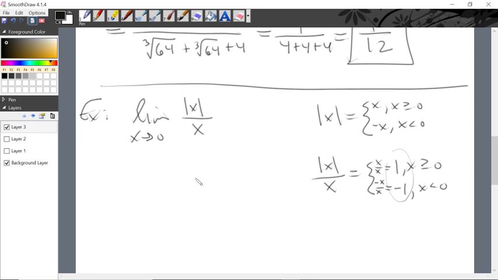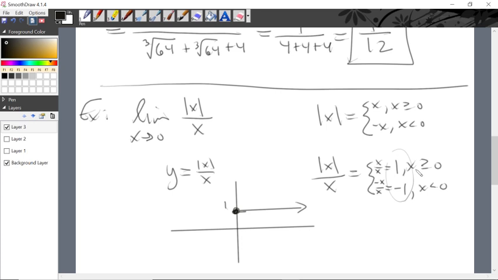The absolute value of x over x, if we graph that, it looks like this. It looks like the constant function y equals 1 if x is greater or equal to 0. So from 1, we fill in a solid point, and this extends outward to the right.